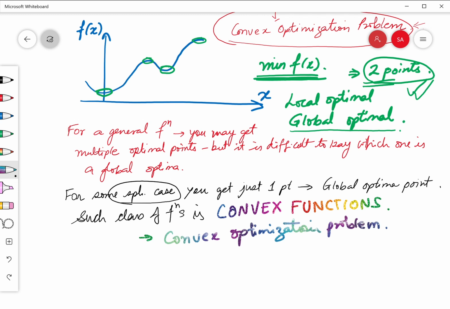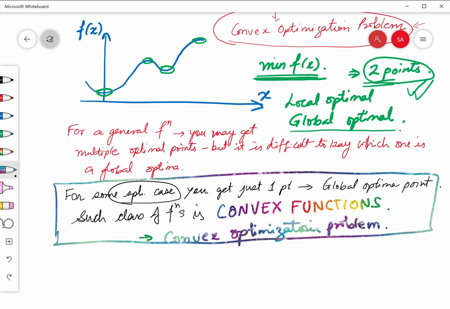So this is the precise reason why we want to look at convex optimization problems, because when you solve a convex optimization problem, whatever point you get, you can say with guarantee that it is a global optimal point. This is the beauty of convex optimization problems.